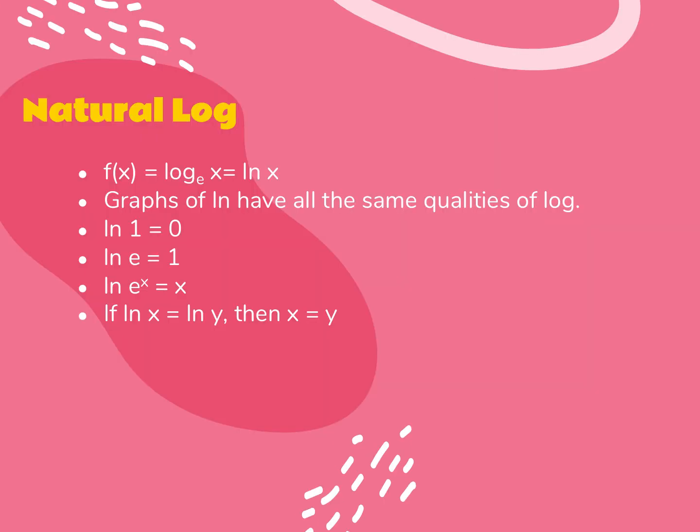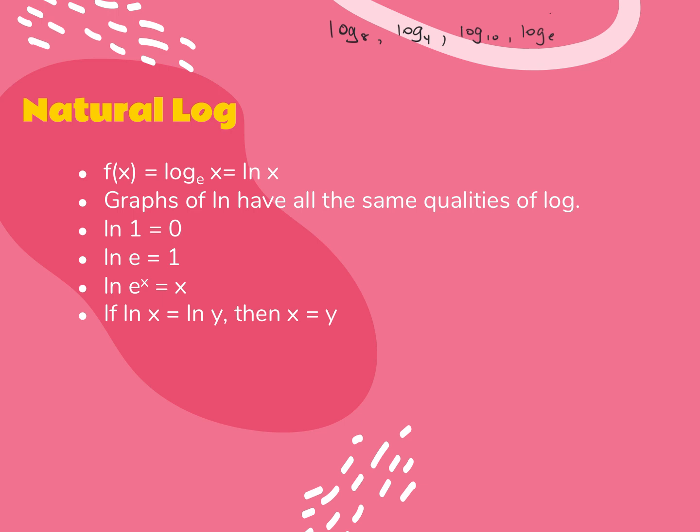So in this slide on natural log, I want to talk about natural log, but I also want to talk about something called common log. And so in the problems we've been doing, for example, log base 8, log base 4, log base 10, whatever the base was. We've even done problems log base e.